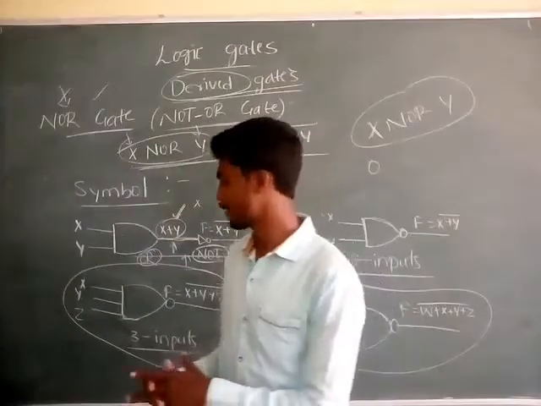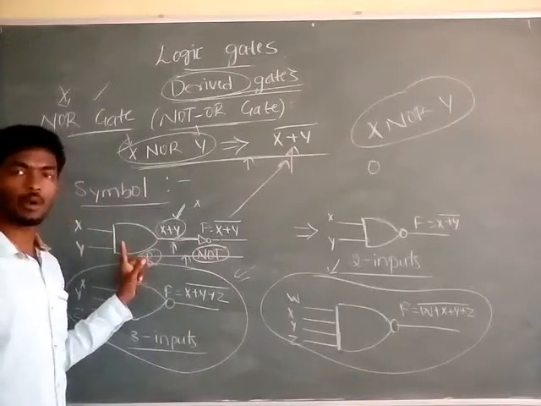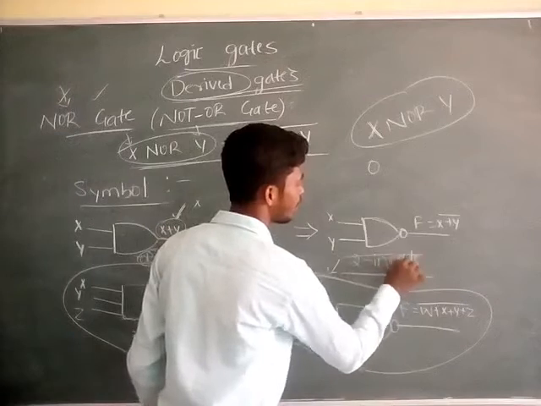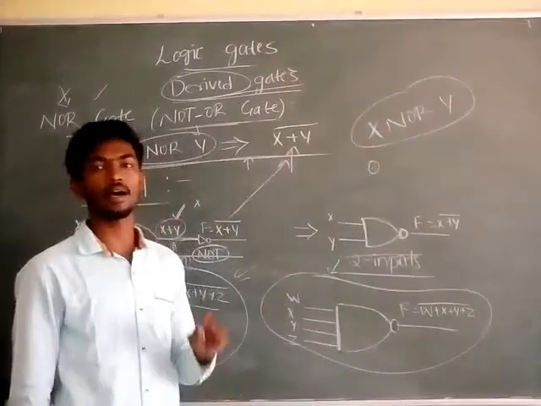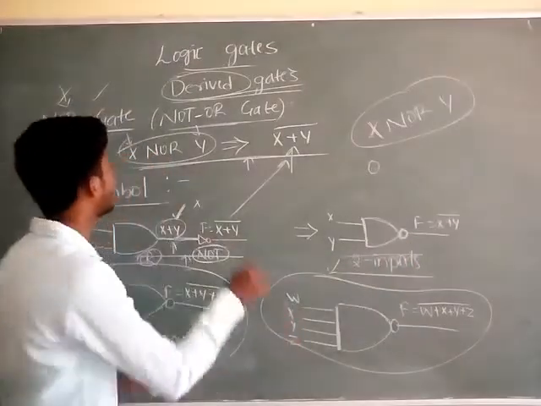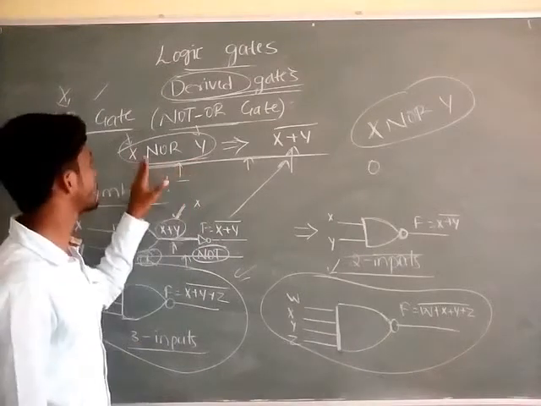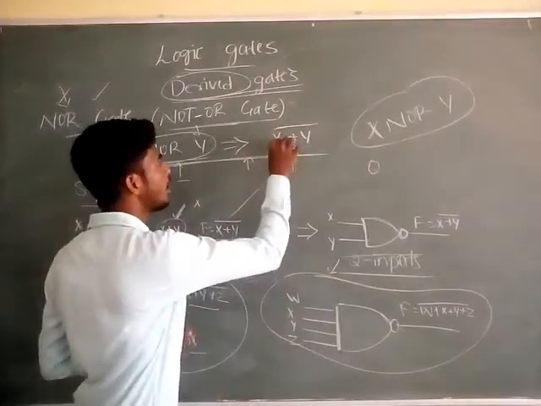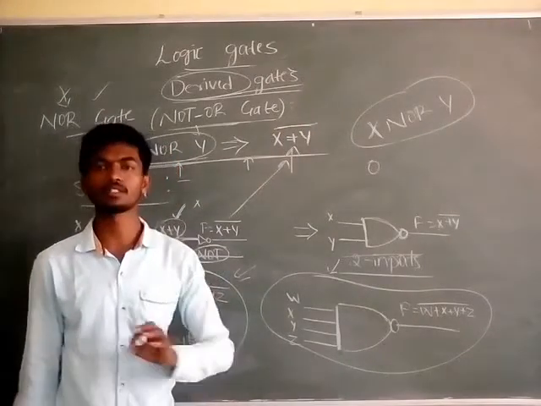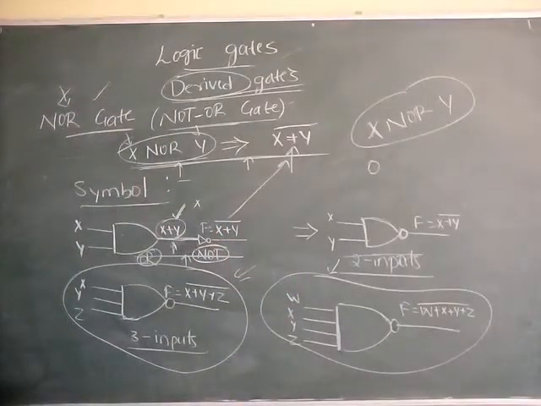The standard symbol for this is an OR gate preceded with the NOT gate, or simply an OR gate with a small bubble or ring before the output line. The symbolized representation of a NOR gate is x NOR y, which is equivalent to (x plus y) whole complement. This is all about the first derived gate, the NOR gate.